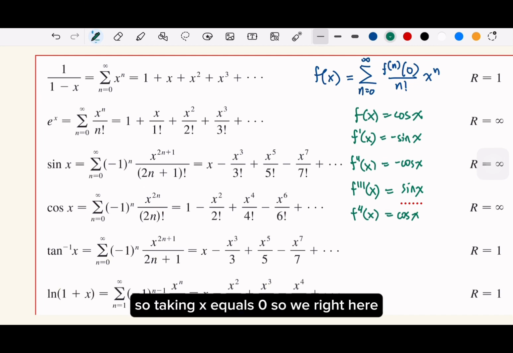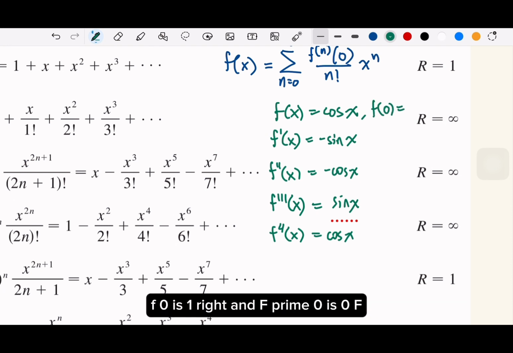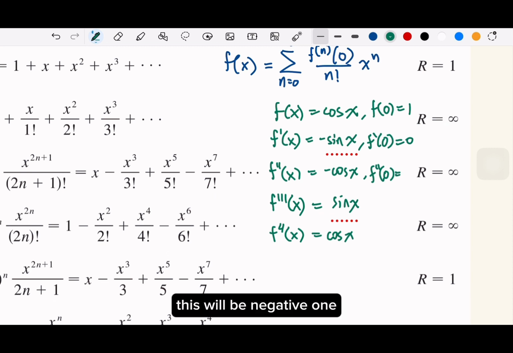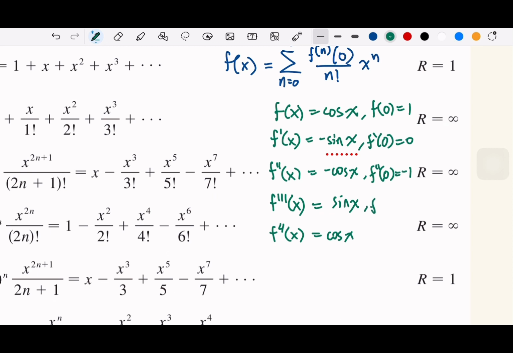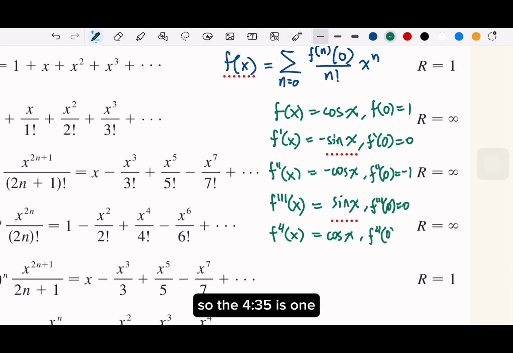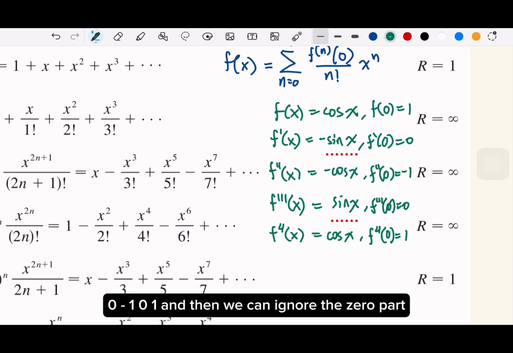Taking x equals 0, we write here f of 0 is 1, and then f prime of 0 is 0. This will be -1. This will be 0. So every time we have sine, we have 0. The fourth derivative is 1. You could also observe that it is going to be alternating between 1, 0, -1, 0, 1.